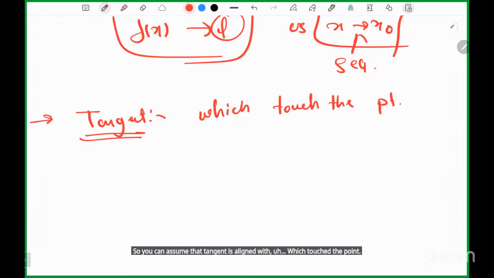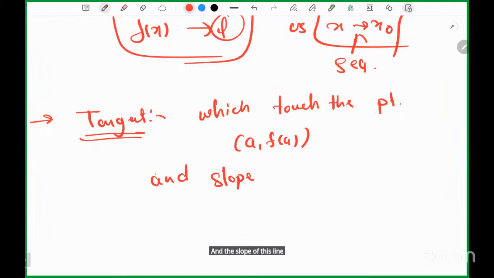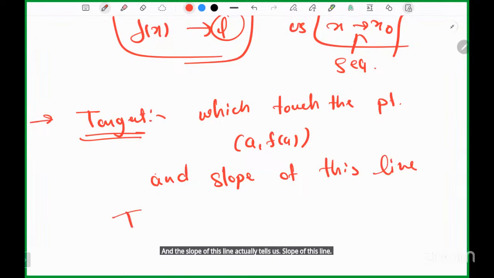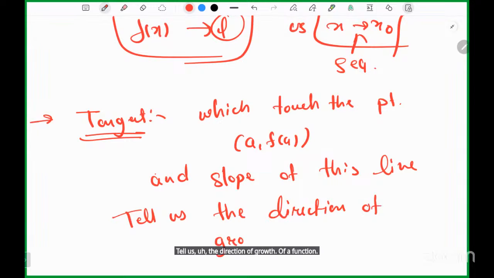If you are talking about the tangent at point A, it touches the point A comma f of A, and the slope of this line tells us the direction of growth of the function f of x. That line is known to be a tangent.